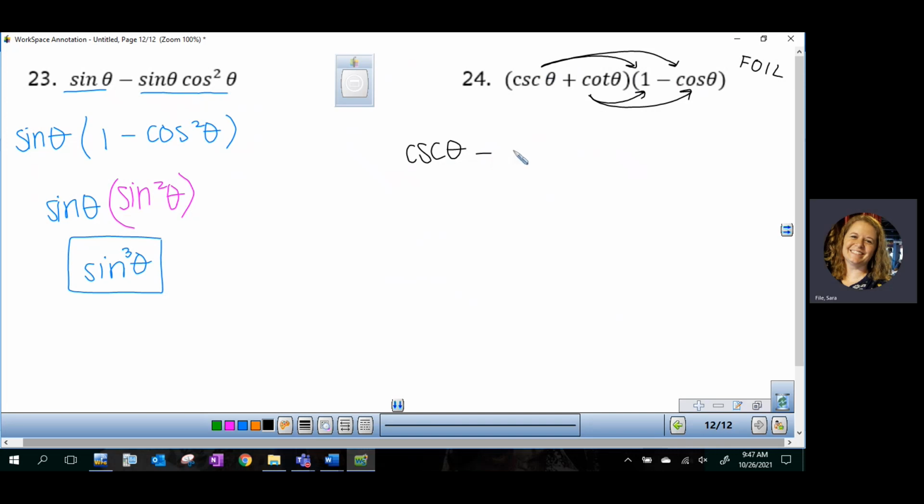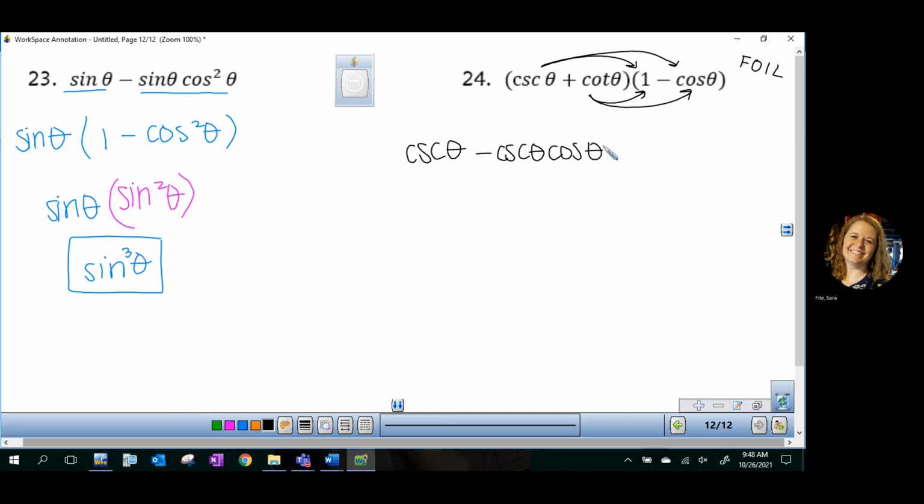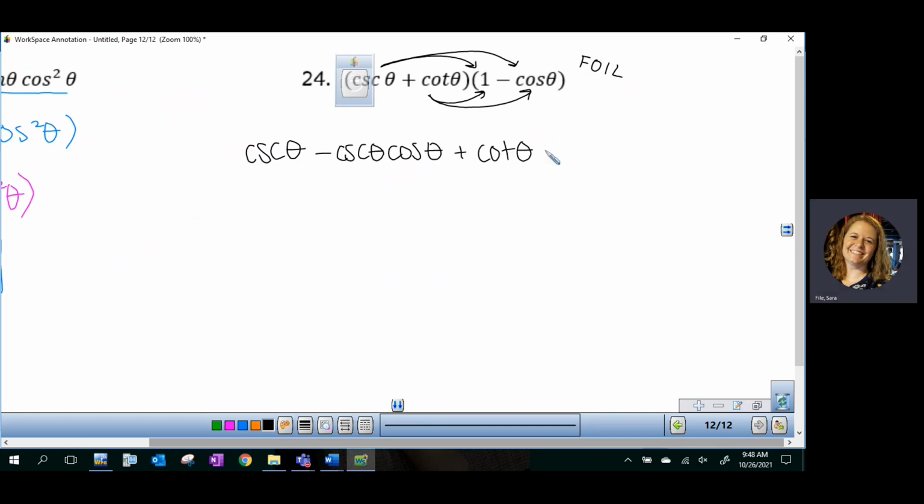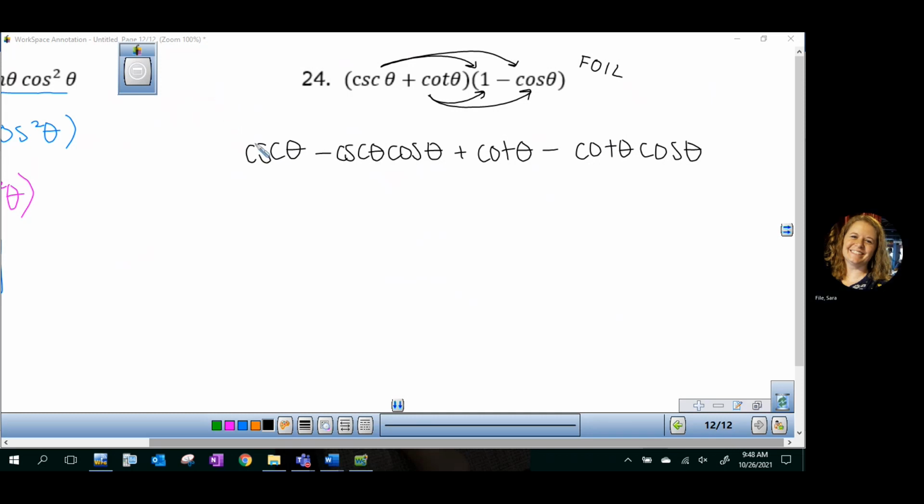So that's going to be minus cosecant cosine. And then cotangent times 1, so plus cotangent. And then cotangent times negative cosine. That's going to be minus cotangent cosine. Whew, seems like it made it more complicated. But let's try that strategy now of changing everything to sine and cosine. So cosecant is 1 over sine.